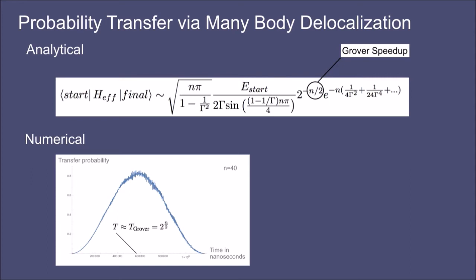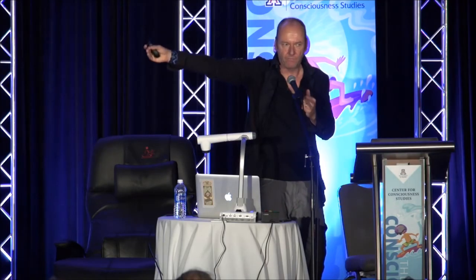It will take you 2 to the n for any classical algorithm. The best classical algorithm will take 2 to the n time steps, while here, using this many-body delocalization physics, you get there quadratically faster and only in 2 to the minus n half steps. And this other point can actually be rather far away.